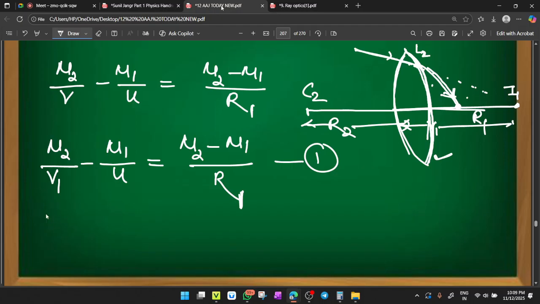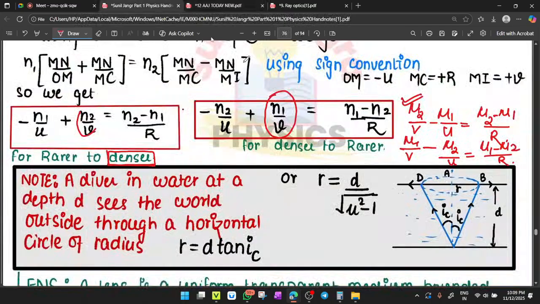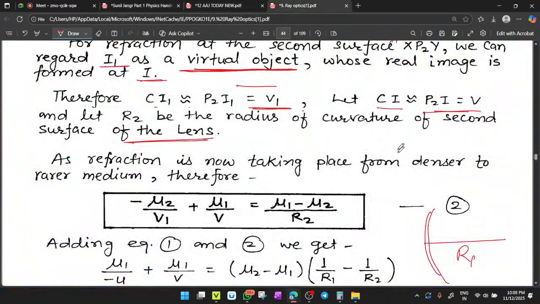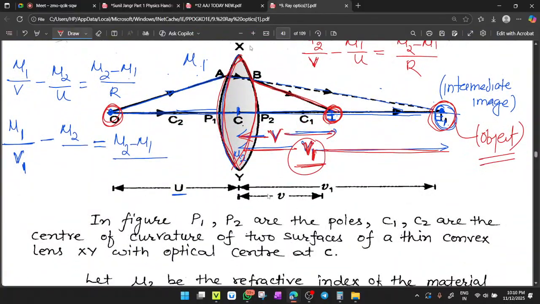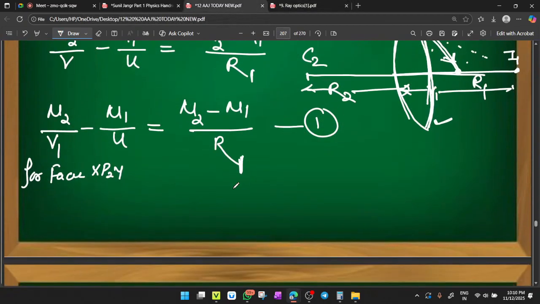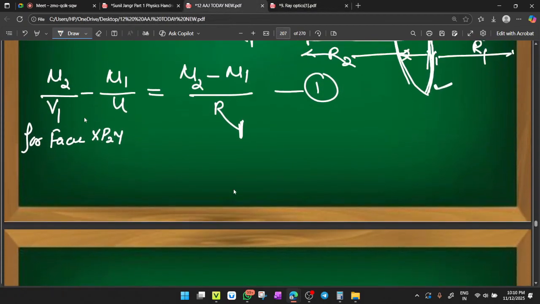So for the second refraction, for the phase x p2 y, I am talking about refraction from this phase x p2 y. In the formula, in the place of mu2 there will be mu1.